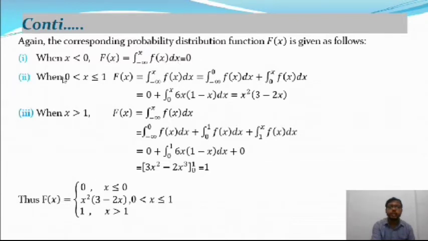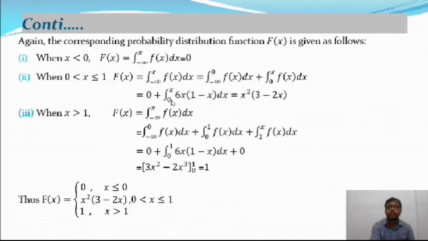Now we will take the interval 0 to 1. In the interval 0 to 1, the functional value F of x is equal to the integral from minus infinity to x of f(x) dx. This interval is divided into two parts: minus infinity to 0 f(x) dx plus 0 to x f(x) dx. In the interval minus infinity to 0, the probability density function is 0.